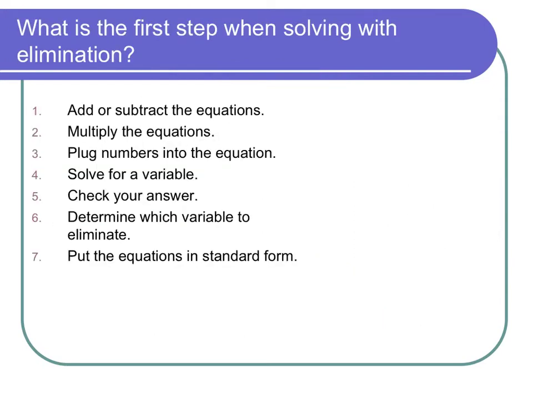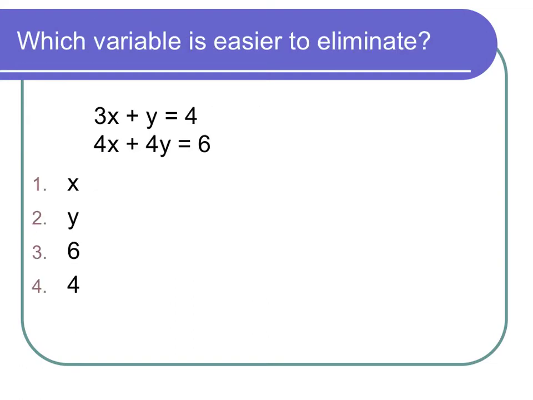Let's just take a look to remember. What would be the first step when we want to solve using elimination? We have add or subtract the equations, multiply. We want to first multiply the equations in this case. In this example, we want to think about what variable is easier to eliminate.